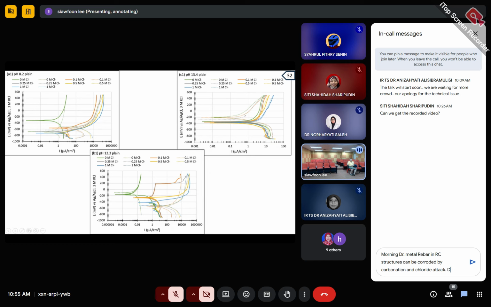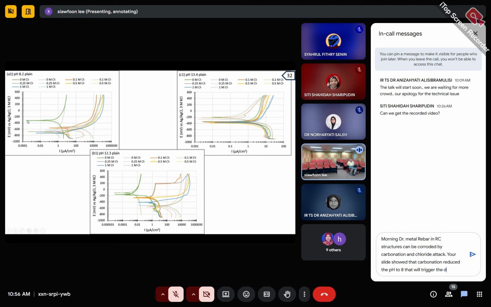If you trace the forward curve, which is the solid line here, you can see that when you start to apply the potential, which is negative 900, the corrosion current starts from here. Then as the polarized potential goes more positive, you can see the current start to drop and reach below 0.01 microampere.